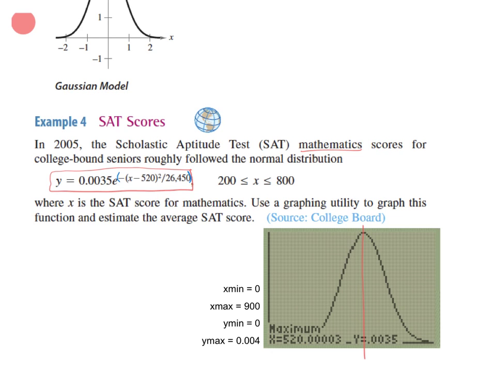Yeah, Katie? So does that make our mean 520? Yes, the mean score was 520. I'm confused at how you got that. Why did they put the 520 in the equation already? Well, they had already calculated what the mean was. We would already know the mean and we would construct the bell curve from it.